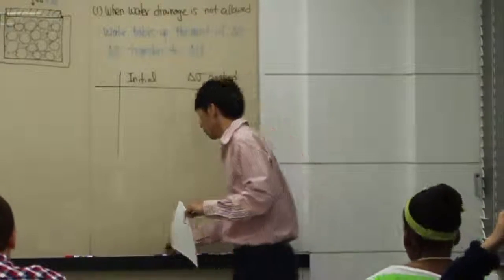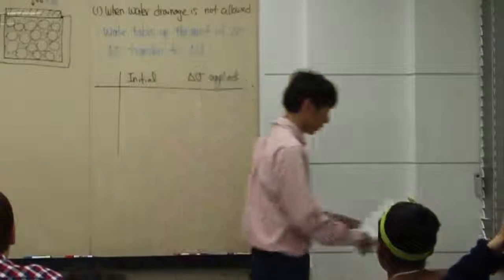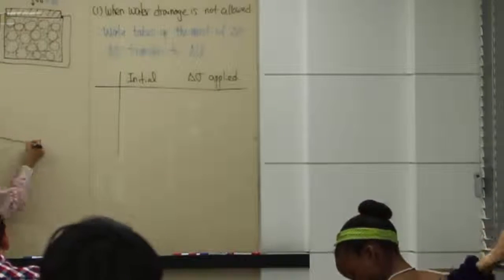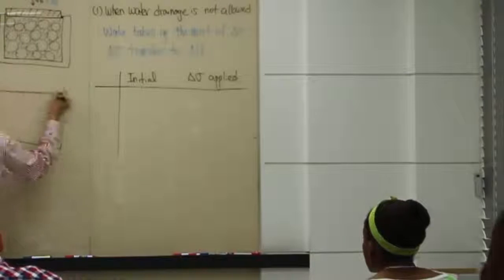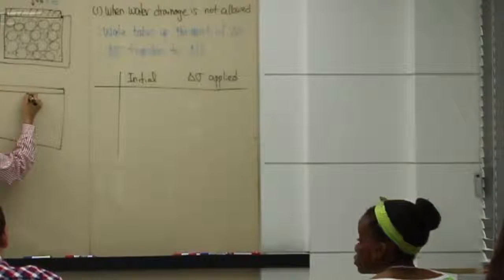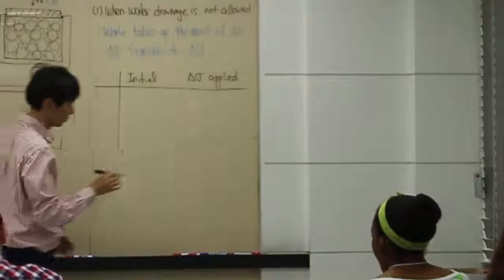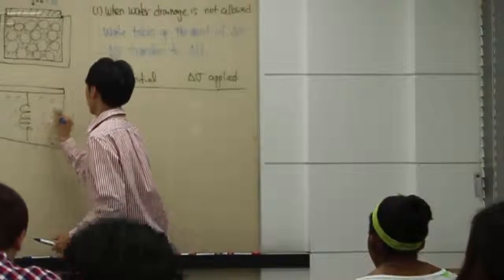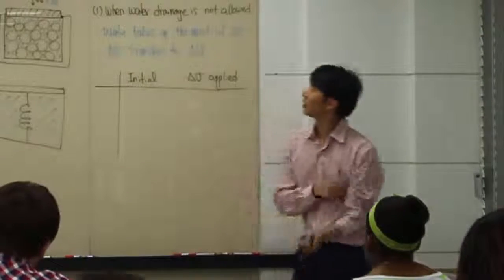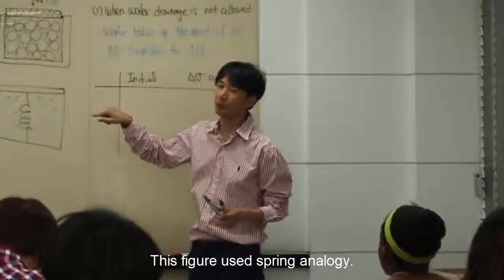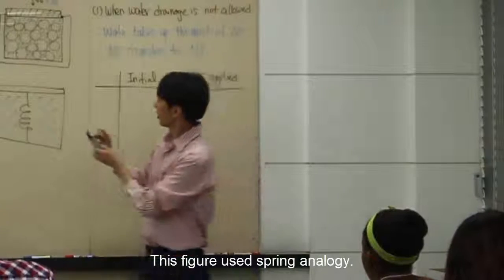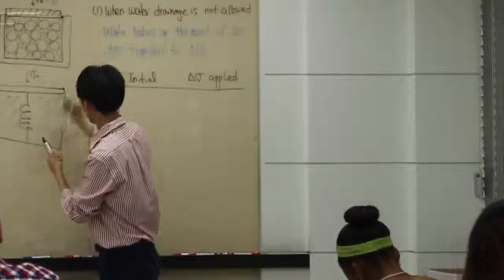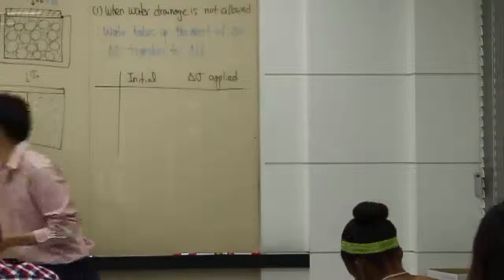To simplify, this figure is a spring analogy. In this case, we have sigma naught, and there's a hole in the valve.